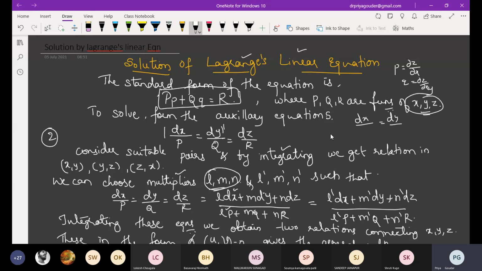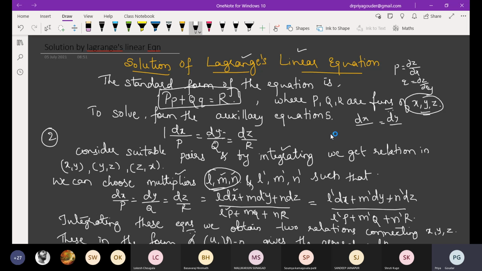Next multiplier is M, for the second pair, so I'll get M dy and MQ. If I choose the third multiplier as N, multiply numerator and denominator by N. Then you should take an addition.